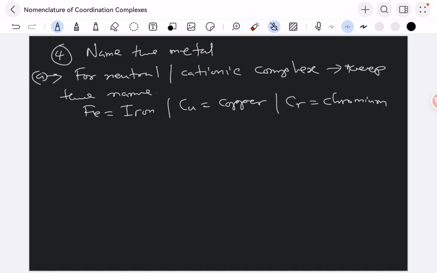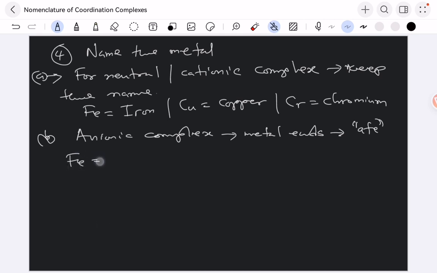That's case A. Then case B: if your metal is on the anionic side, so it's part of the anionic complex, then the metal ends in a suffix.